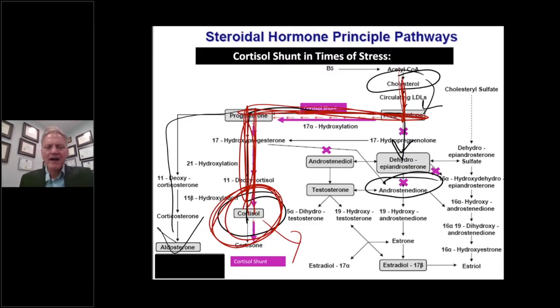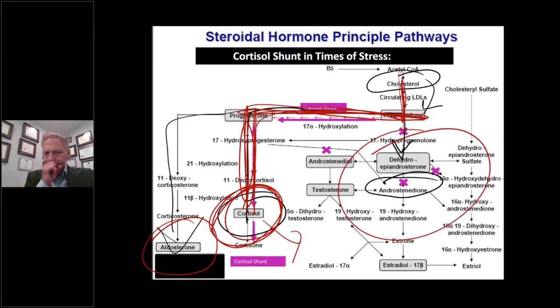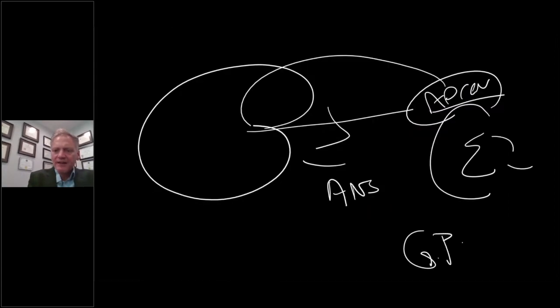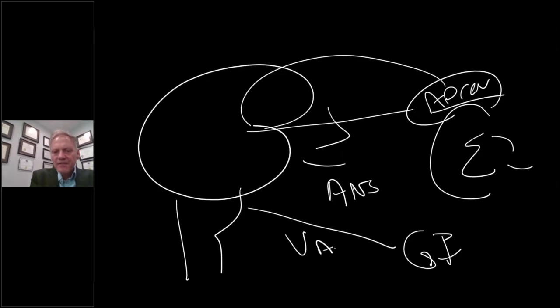I want to talk about something that's really important that can be overlooked, and that is this, that we have an autonomic nervous system, okay? Now, here is the GI tract, here's the brain stem, and here's the vagus nerve that goes between. This is called the brain-gut, gut-brain axis.